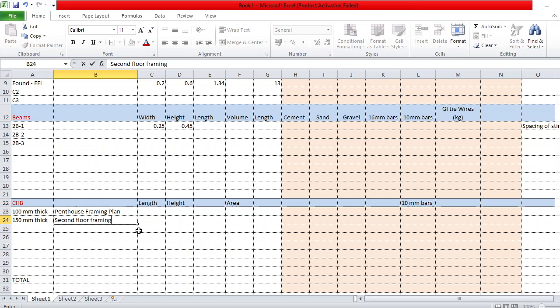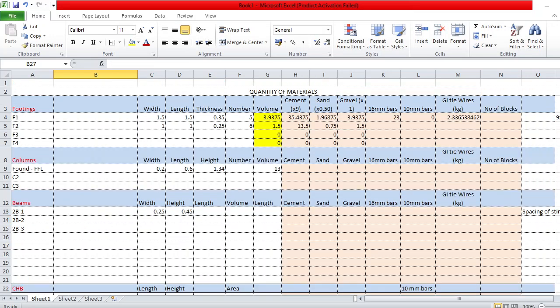Tapos of course, yung sa footing natin, you will be using your foundation plan. Okay? This is for your foundation plan will be used. Okay?